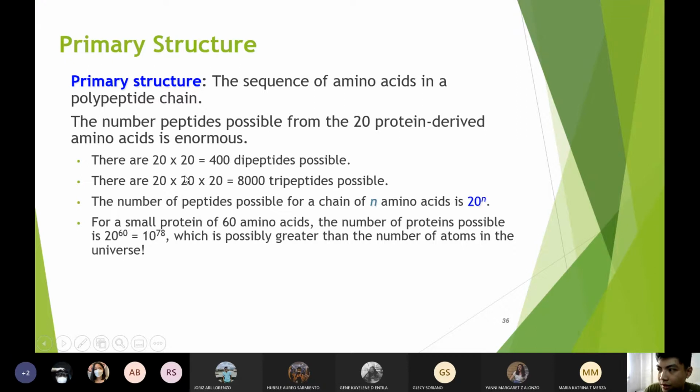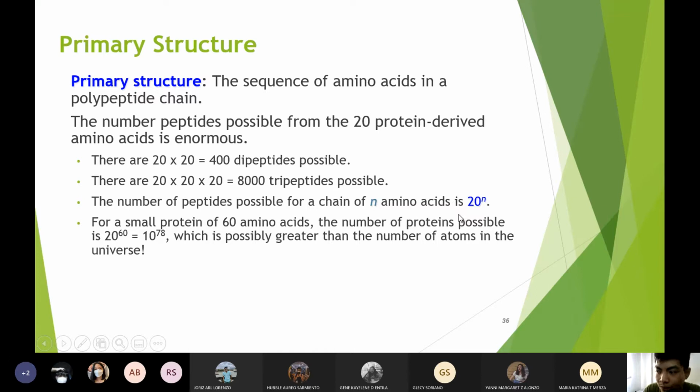So for example, you have a dipeptide chain, so the possible combination is 400, and if you have a tripeptide chain, it is possible to form 8,000 patterns or sequences. So the number of sequences that we can make out of the number of protein chains that we can have is 20 raised to n.